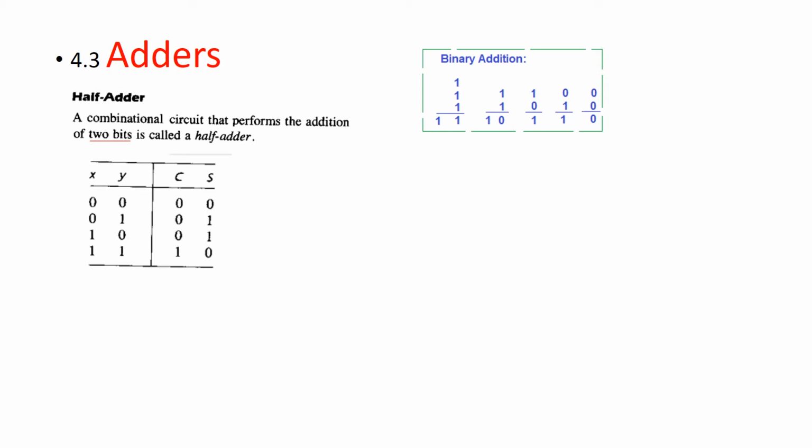And now let's see how we can implement this. So from here directly, you know how to write the equation. Like for sum, wherever there is 1, we'll consider that value only. So here it is 1. So what is the input?